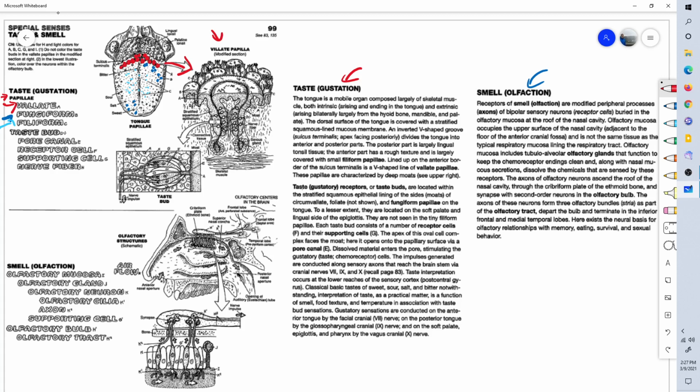And here we have an exploded view of vallate papillae. These are the larger ones in the back. They are characterized by these large valleys, or moats, as they're called, like a moat around a castle. You can see how deep these moats travel.